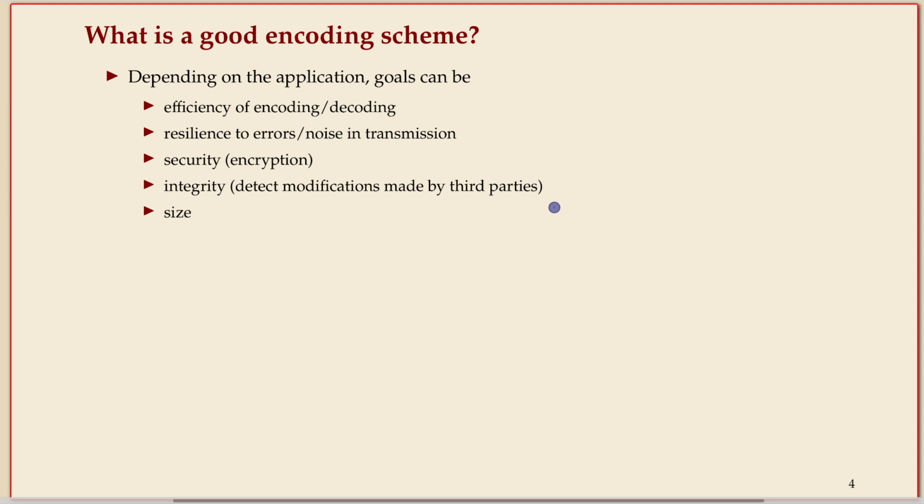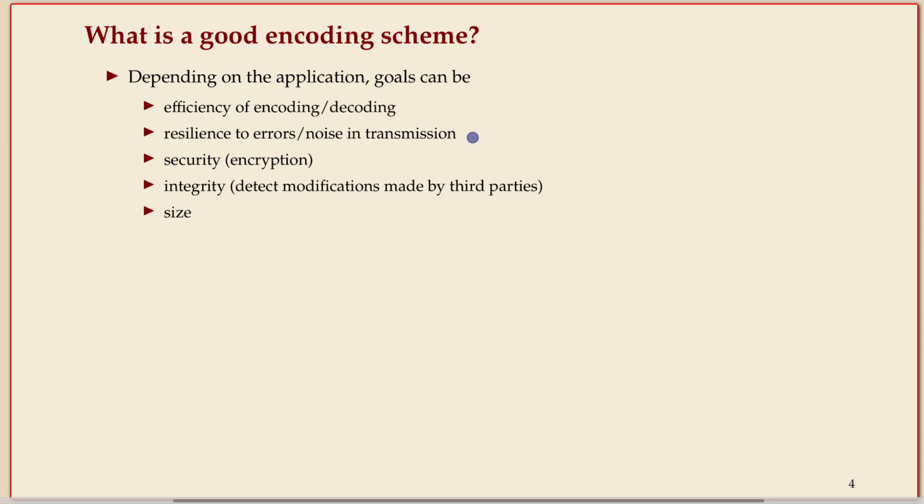Just to make that clear, you could have different things. An encoding should be secure, so that someone who just sees the coded text cannot easily get the source text back. That's one way of encoding. You wouldn't normally call that compression. That's usually called encryption, but it's in the same framework.